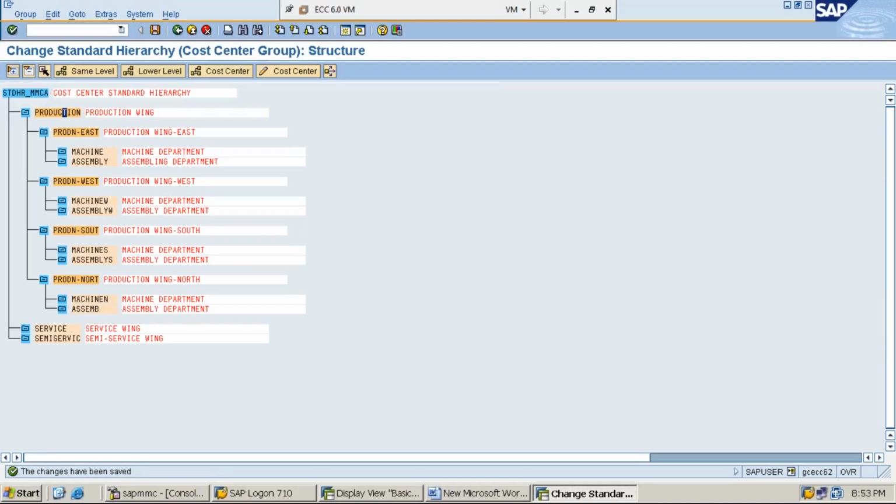But who will give this requirement? Who has to mention my hierarchy must be like this? It depends on what? What will be the base to design the cost center standard hierarchy?